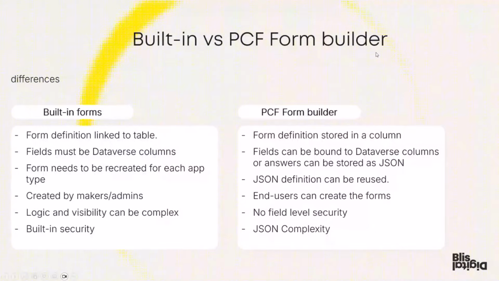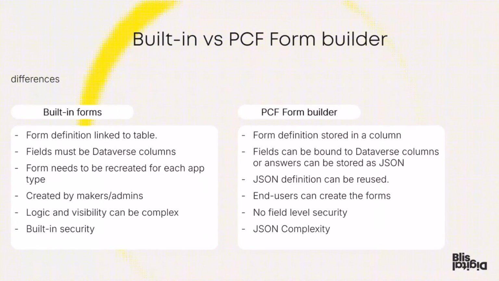Inside the built-in forms, a form is linked to a table. The fields must be Dataverse columns. The forms need to be recreated for each app type, and they are created by admins or environment makers.